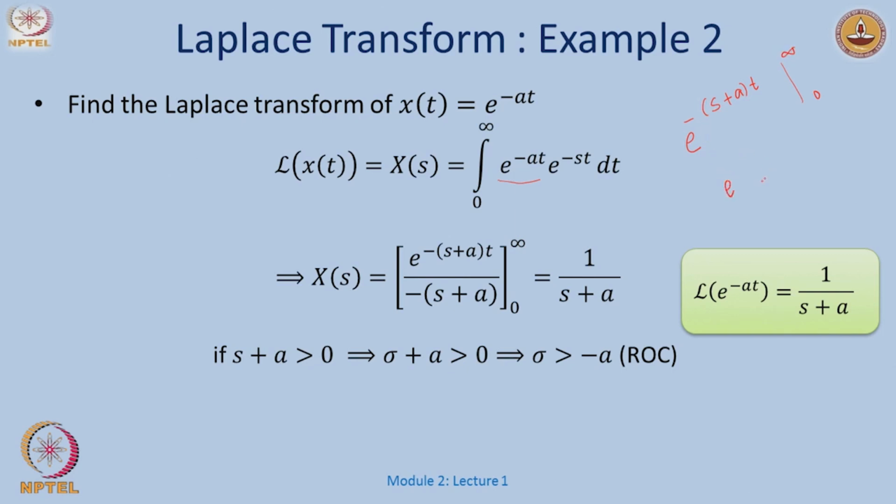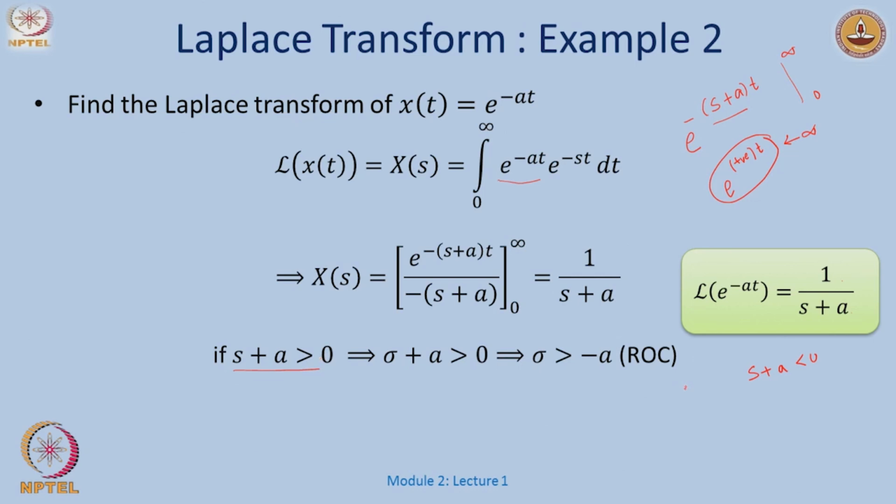So, if s plus a is less than 0, then I will just have a term e power some positive number times t. And this, as t goes to infinity, does not exist, it also goes to infinity. Therefore, the Laplace transform of e power minus a t, equal to 1 over s plus a, exists only in the region where s plus a is greater than 0, right.